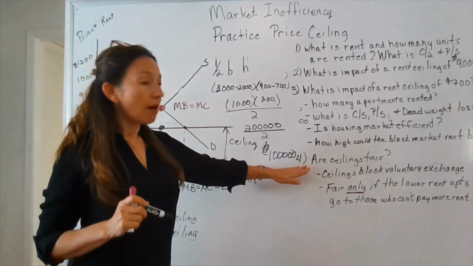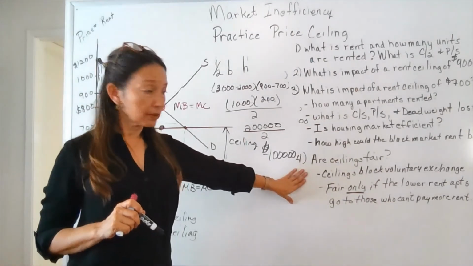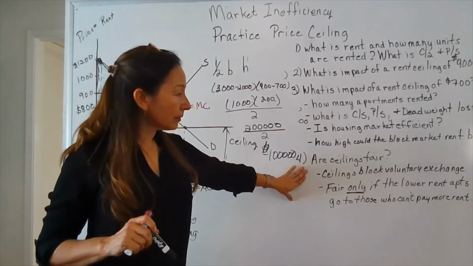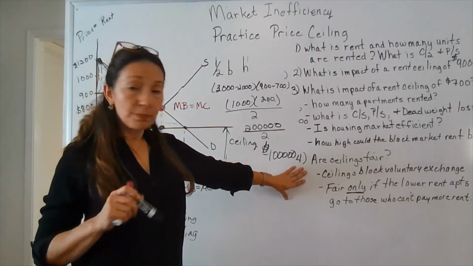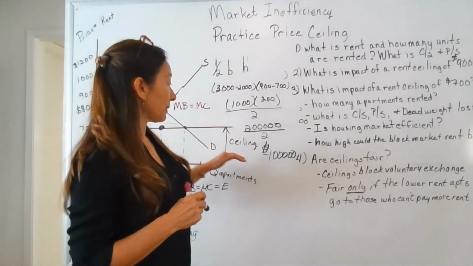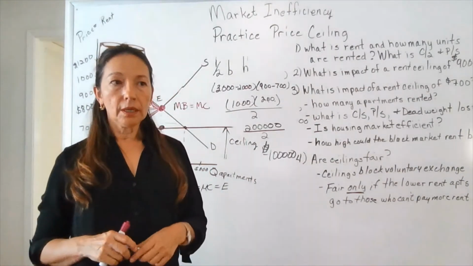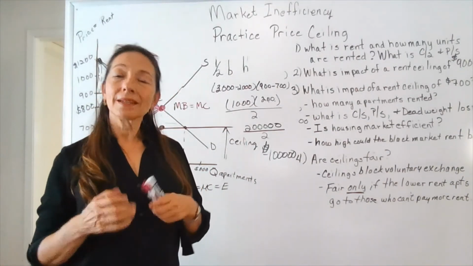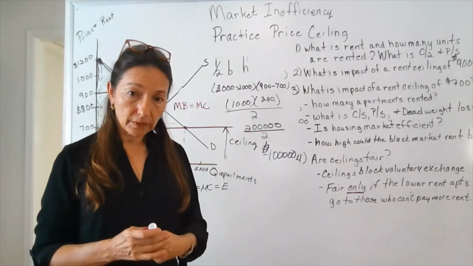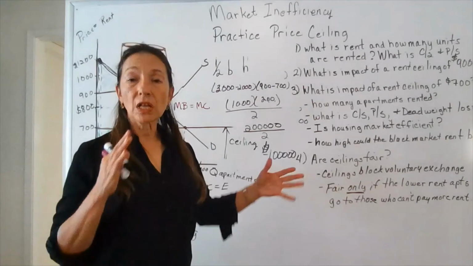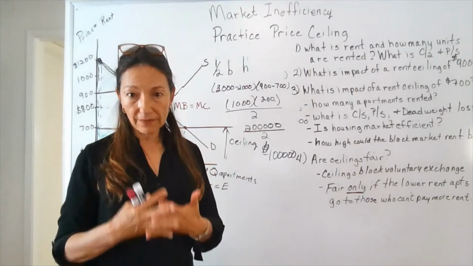Next question, are ceilings fair? So, question of fairness. Ceilings, especially with respect to rent, with respect to food, are designed with the intent to be fair. But as you can see, ceilings block the voluntary exchange of private resources.